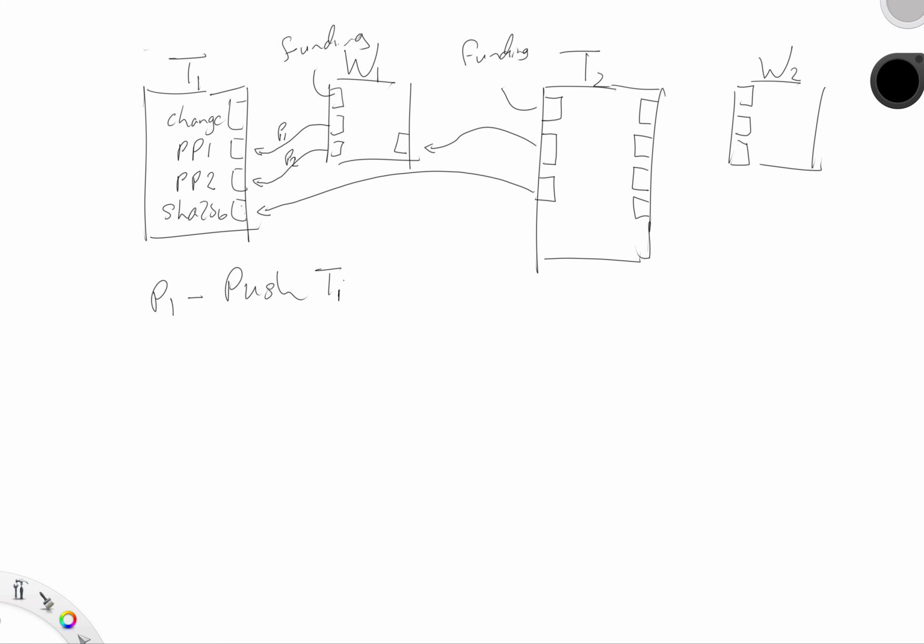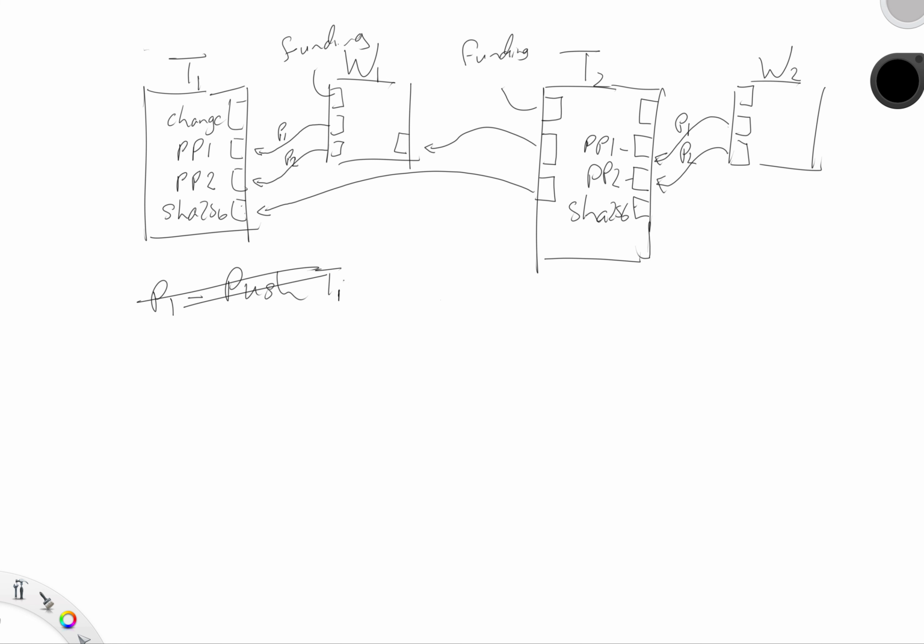Let's look over here on the right-hand side, where we are going to replicate P1 and P2. Disregard what I'm writing over there, and for now just assume that this is exactly the same thing. It's PP1, PP2, and SHA-256, and all of these things relate to these outputs.